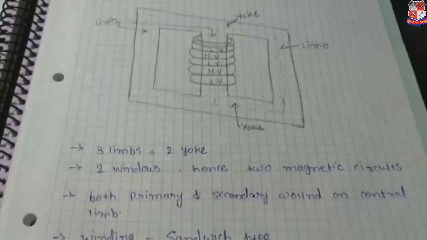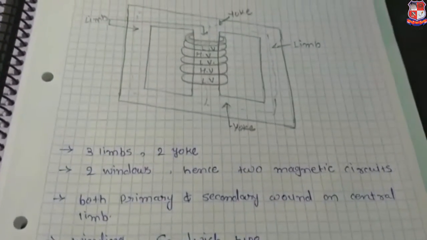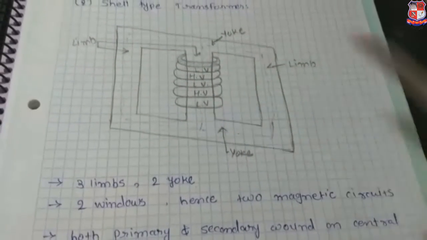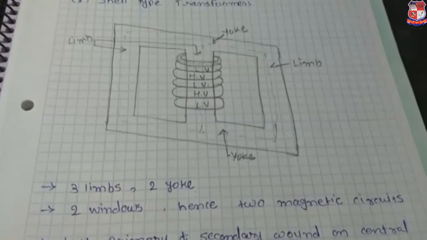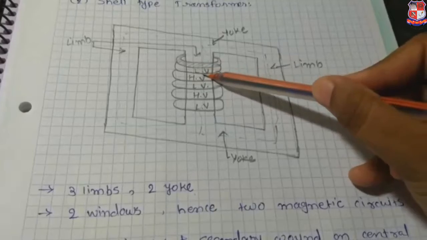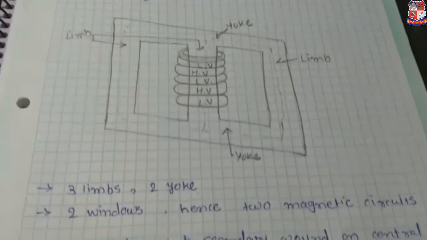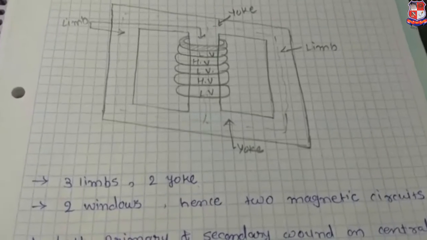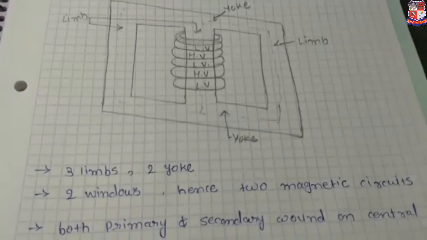So in this type of transformer the type of winding will be sandwich type, because there is one LV winding, after that one HV winding, then again LV winding, then HV winding, then LV winding.